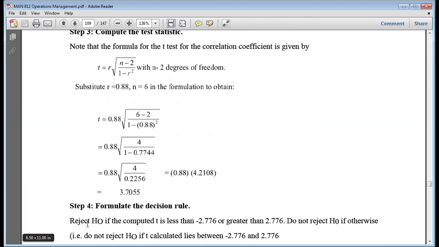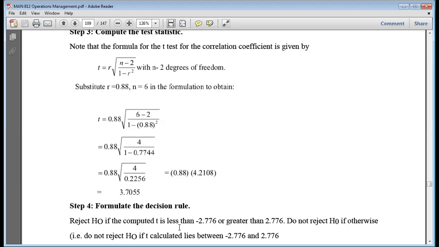It says reject the null hypothesis, because H0 is the null, when T is less than minus the table value or greater than the table value. Do you understand? You get it.